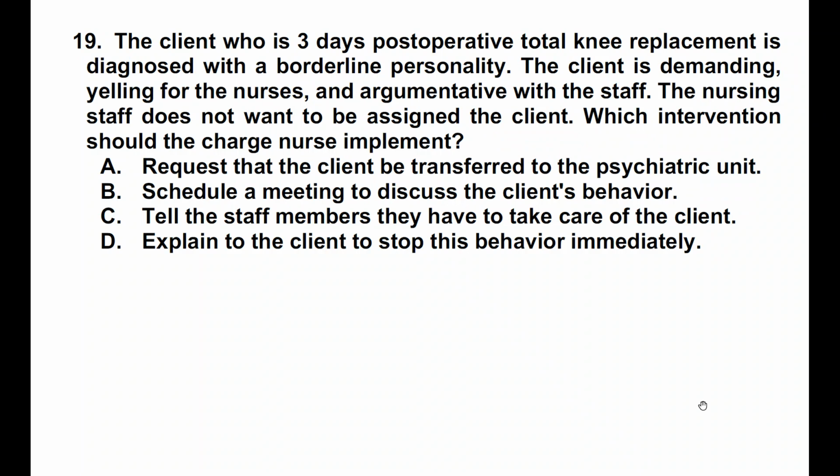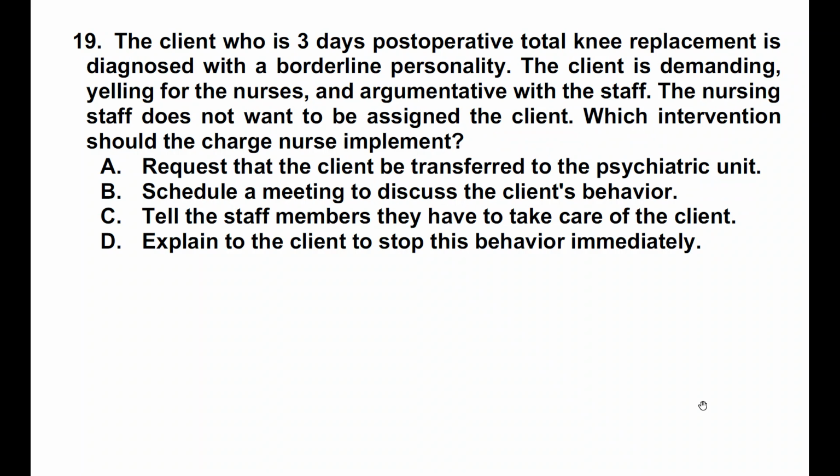19. The client who is 3 days postoperative total knee replacement is diagnosed with borderline personality. The client is demanding and argumentative with the staff. The nursing staff does not want to be assigned to the client. Which intervention should the charge nurse implement? A, request the client be transferred to the psychiatric unit. B, schedule a meeting to discuss the client's behavior. C, tell the staff members they have to take care of the client. Or D, explain to the client to stop this behavior immediately.